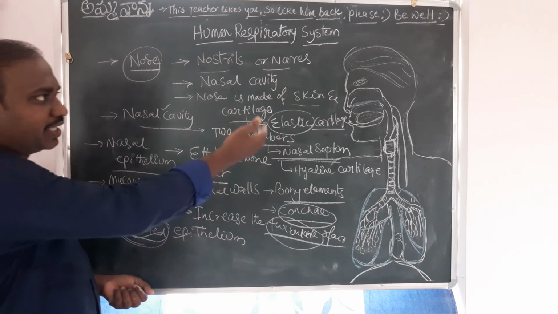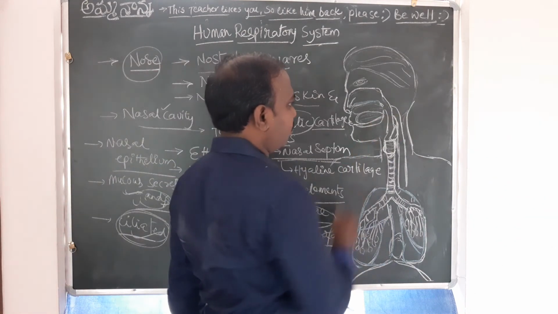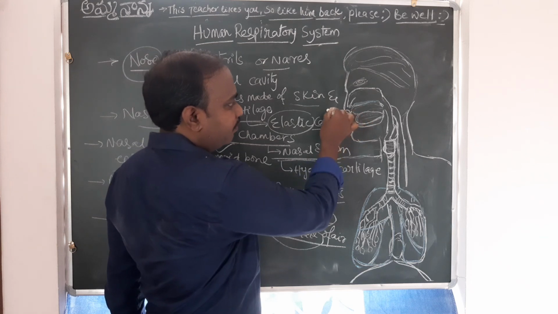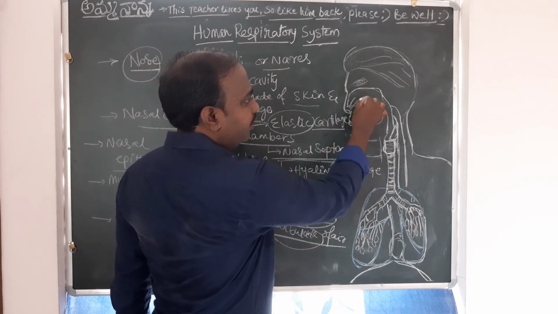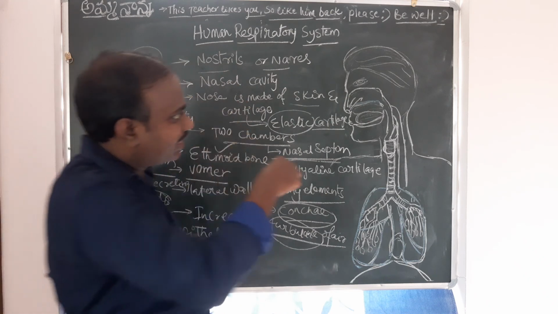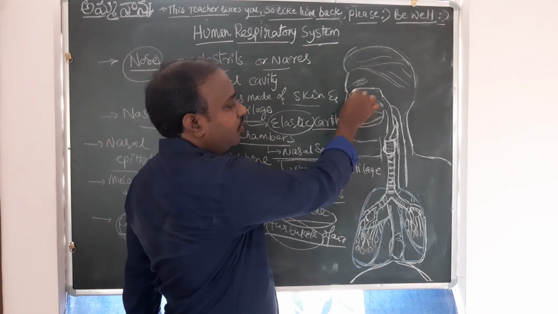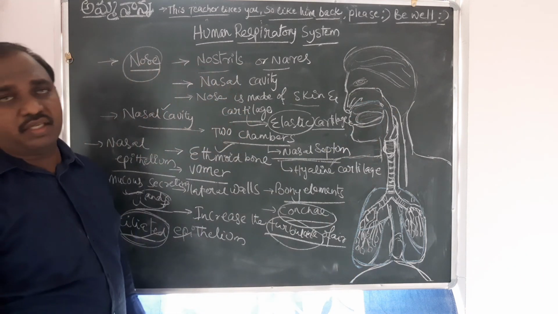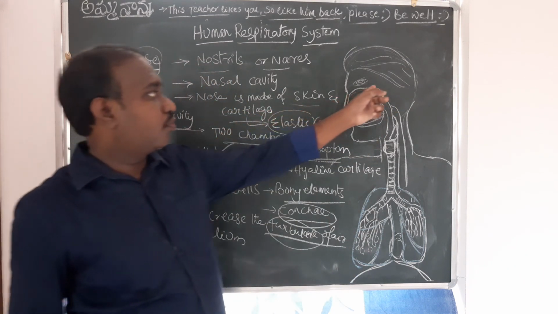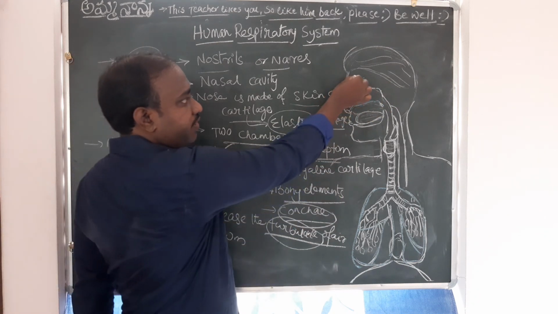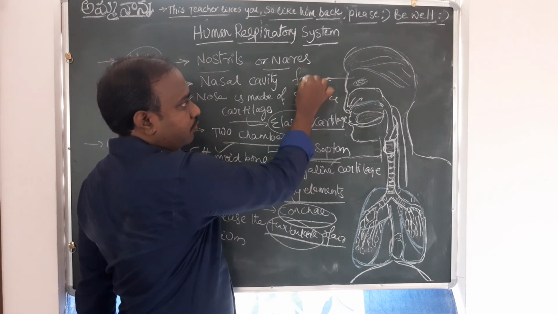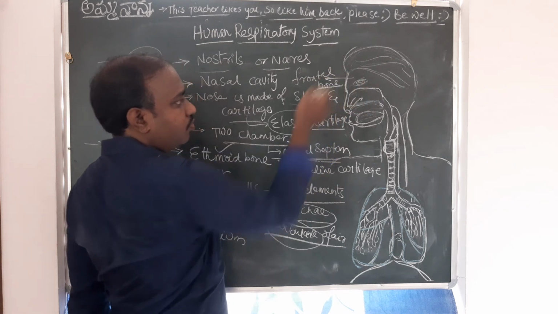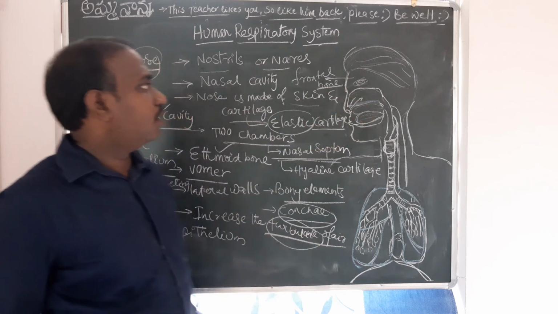So we shall be continuing with the next part, that is the pharynx. If you see the diagram, we have seen the nose, and the air is allowed into the nasal cavity. In the nasal cavity, we have seen all this elastic cartilage, the vomer, the conchae, as well as the ethmoid bone, and the frontal bone that we have here also has a supportive role to the nose.